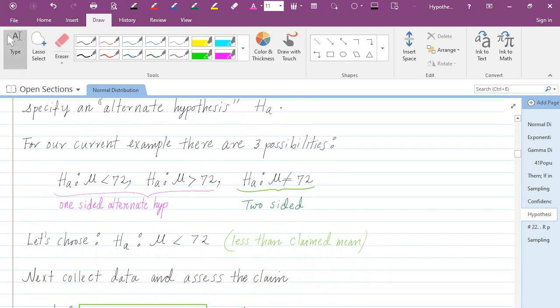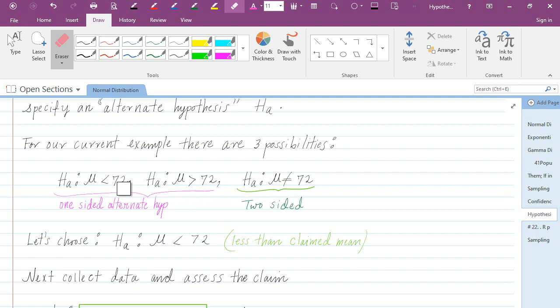One is that the mean height is less than 72 inches, or it could be that the mean height is bigger than 72 inches, or that the mean height is not equal to 72 inches. So there are three possible alternative hypotheses that we can make here. Which one do we pick? Well, it depends on the situation.